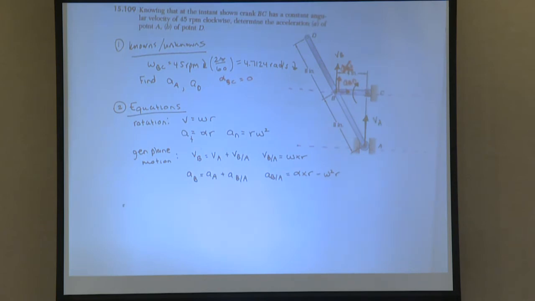So since they never cross, what can we say about the problem? Do we have translation, rotation, or general plane motion? Translation, good. So they would cross if it was rotating.